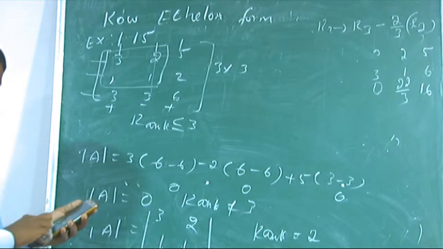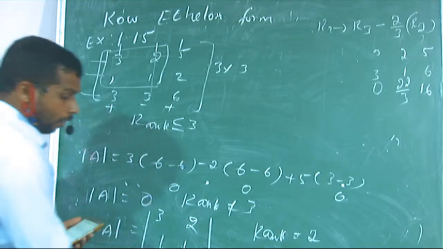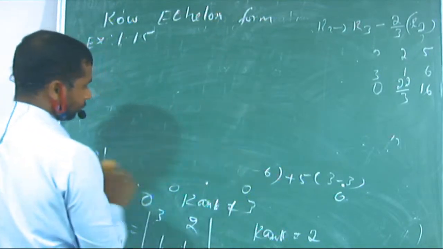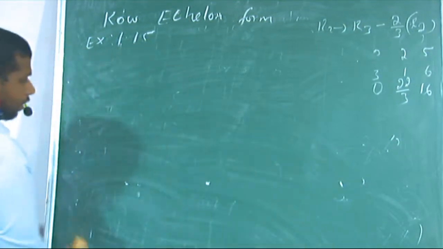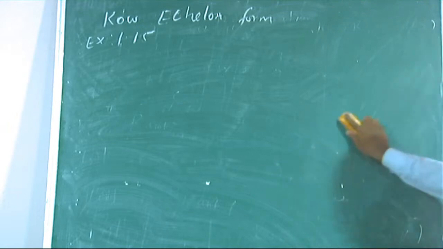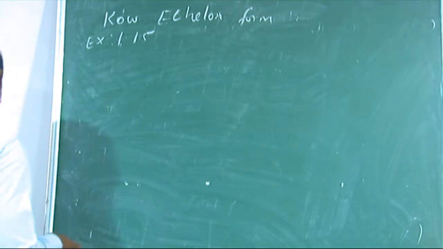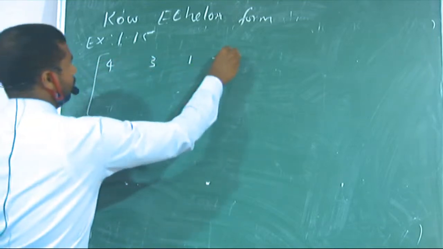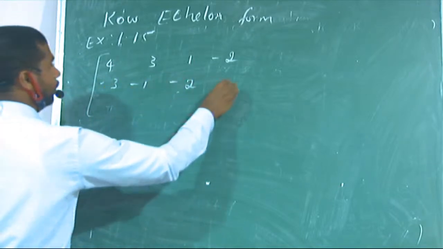Now I am moving to subdivision 2. What is the question? From Example 1.15 subdivision 2, there are 3 rows and 4 columns. So listen carefully, my dear friends. Subdivision 2: 3 rows and 4 columns. 4, 3, 1, minus 2, minus 3, minus 1, minus 2 and positive 4.